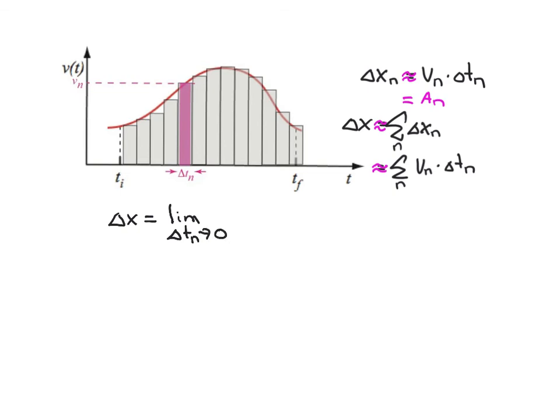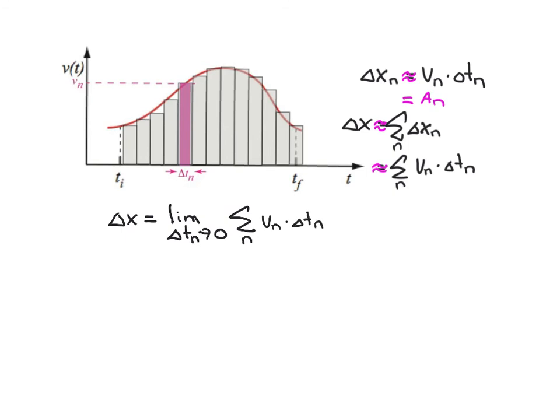So in the limit that delta t sub n goes to 0, delta x is equal to the sum over n of v sub n times delta t sub n.